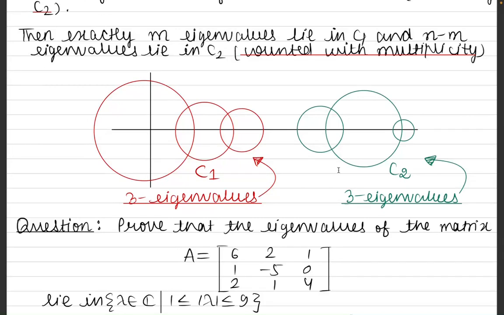Some disks are like this, and the other disks are like this. So if you have a 6 cross 6 matrix, then the picture might be like this.